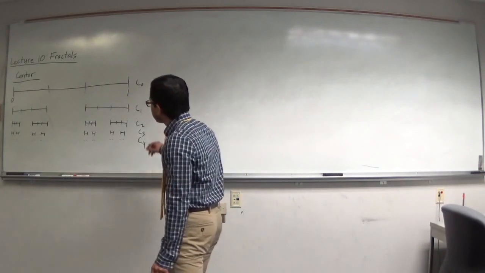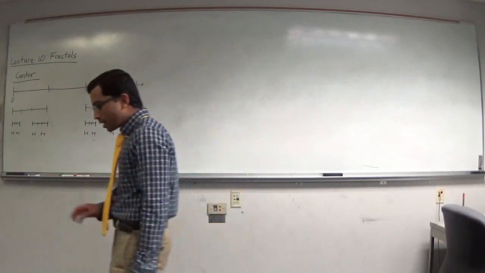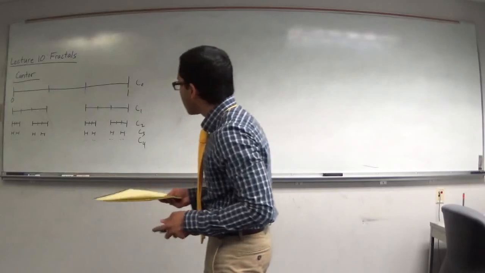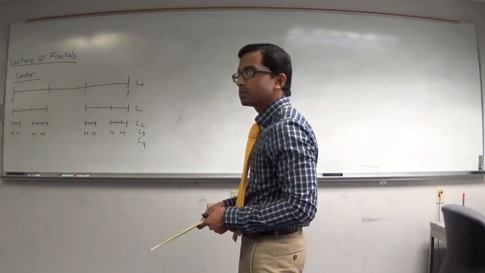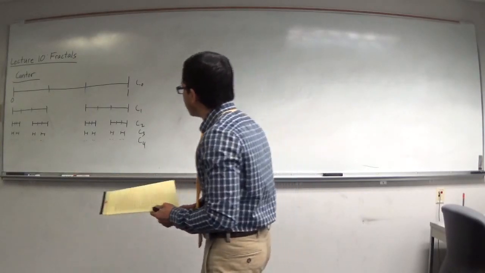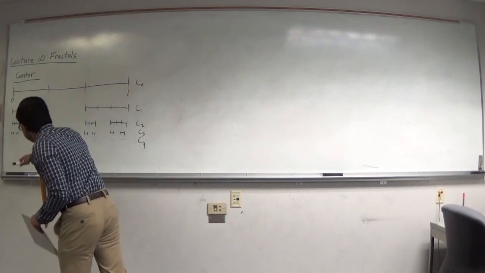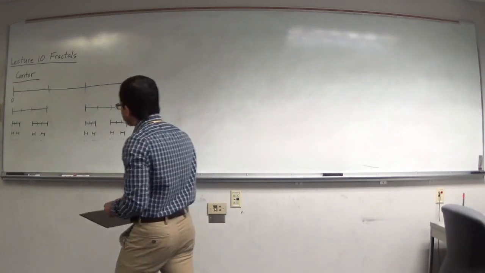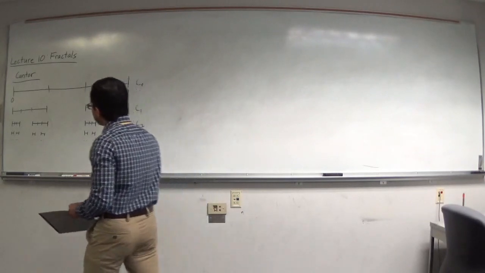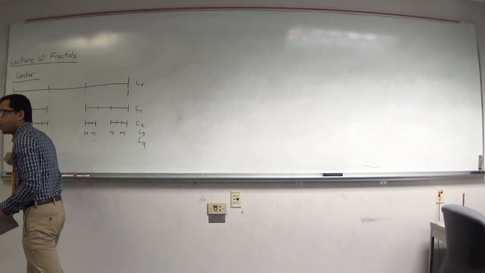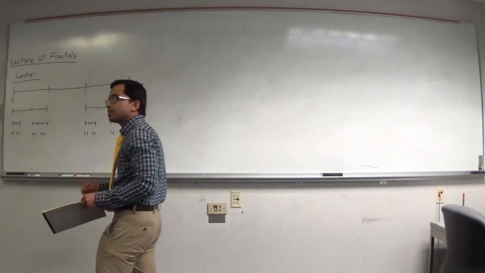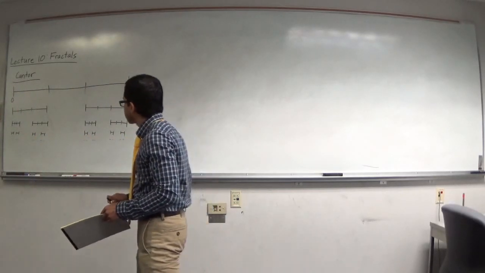So that's the Cantor set, and it has some important properties. So it has complex patterns in arbitrarily small scales. So if we look at the final Cantor set, obviously we can't draw it, but if we look at smaller and smaller scales, we'll see complex patterns even at the smallest scales.